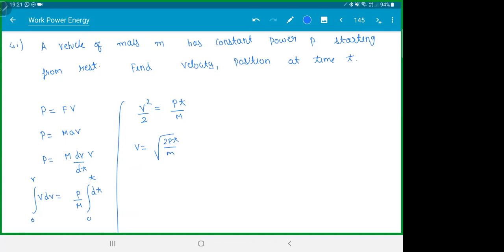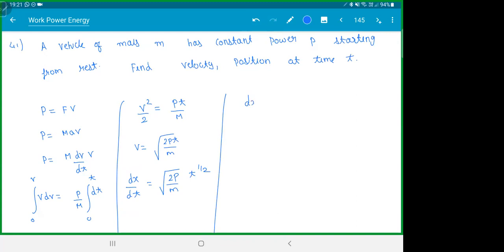Suppose if they ask you velocity as function of position x, then write this thing as v dv by dx instead of dv by dt. You're getting it? And then what is v again? dx by dt, double integration. v is root 2P by m, t power half.